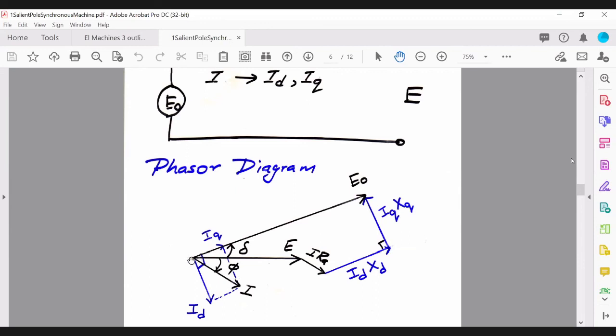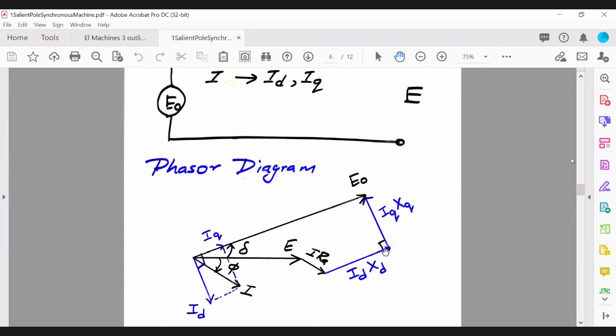So obviously, if I_D is pointing here, 90 degrees to that will be along E_0. So obviously, then this is along E_0. So again here, as you can see, I_Q is acting along E_0, and obviously the drop due to the current, when you multiply by the reactance X_Q, it will be 90 degrees with respect to the current I_Q.